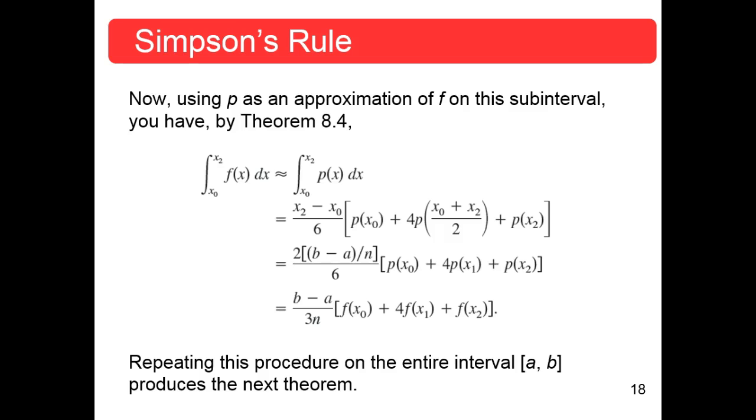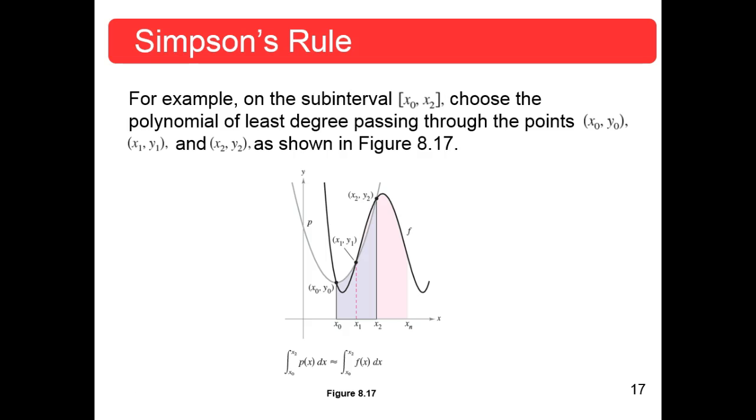this p of x0, which is exactly the same as f of x0. Remember, the p of x0 is here, f of x0 is there. Same point, p of x1 is here, f of x1 is there. P of x2 is here, that's the gray line, and f of x2 is there. All three of those are the same.